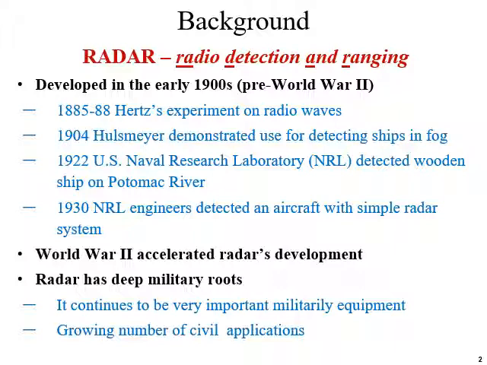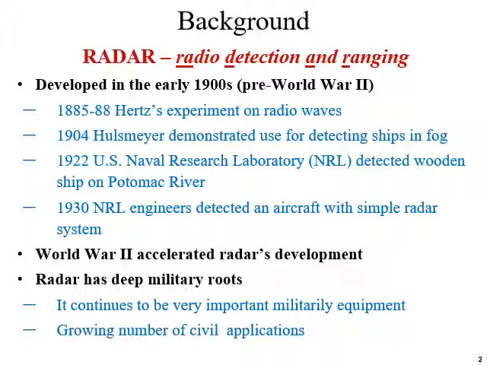So it has two main objectives. One is the detection and another is to measure the distance of the target from the radar. And the means by which it detects and measures the range is the radio wave.